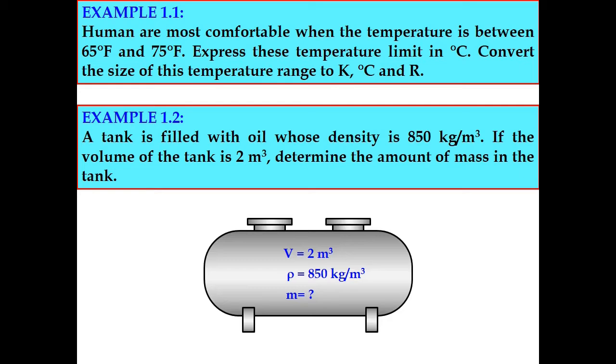The volume is already given as 2 cubic meters, and the density is given as 850 kg per cubic meter, and you need to determine the mass of the substance inside the tank. In order to solve, you need to refer to the formula that involves volume, density, and mass. Rearrange the equation, and then you can obtain the mass of the substance inside the tank. Try to get the answer.